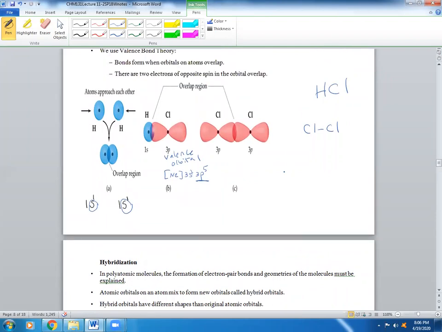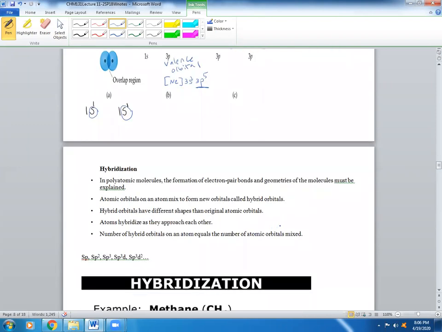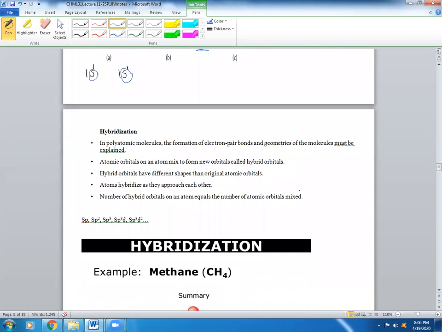Let's say if we have 4 bonds, 5 bonds, even 3 bonds. Here, all we have is a 1 bond structure. So that's where the topic of hybridization comes from. It says in polyatomic molecules, the formation of electron pair bonds and geometries of molecules must be explained in terms, as we said, of quantum mechanics.